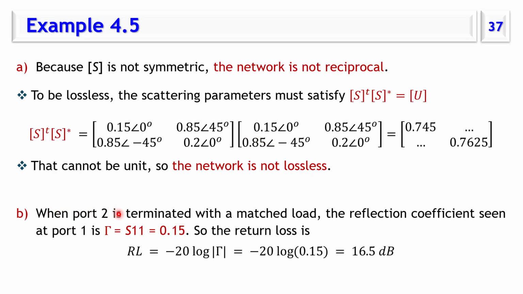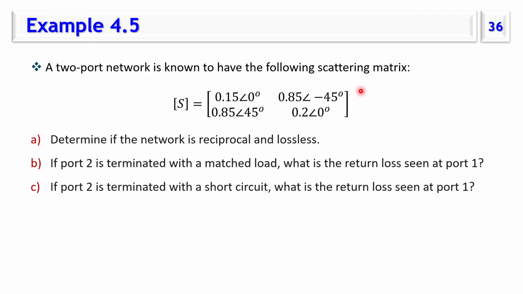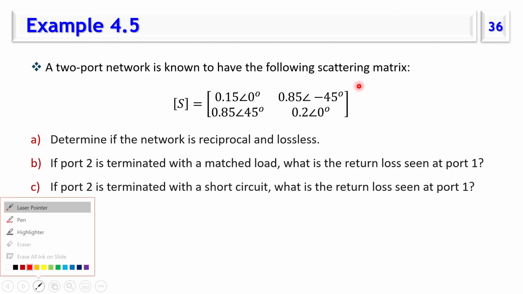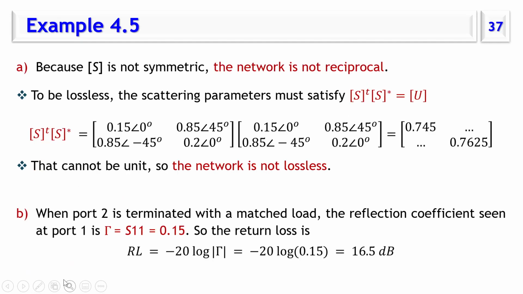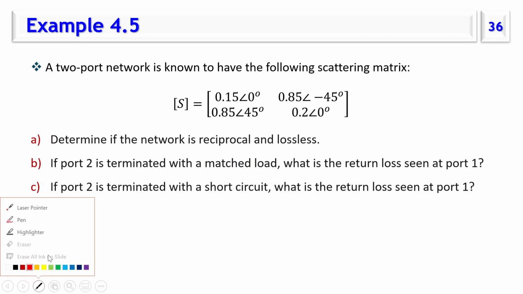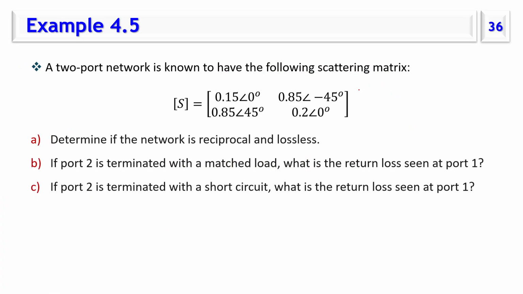When port 2 is terminated with a matched load, V2 plus will equal 0. So here we have V1 plus and we have V2 plus. If port 2 is matched, what will happen?